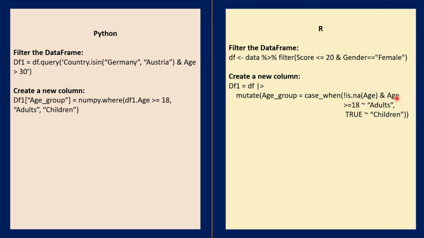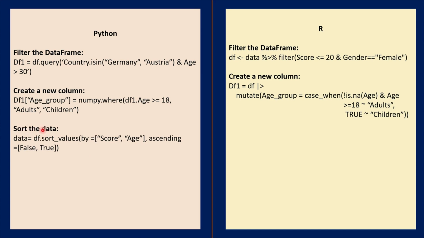We want to read only the non-missing values which are greater than 18 to consider as adults. And if this is a true statement, it will give you this value. If not, the rest will give you the children. So in this way you can create a number of columns in R.